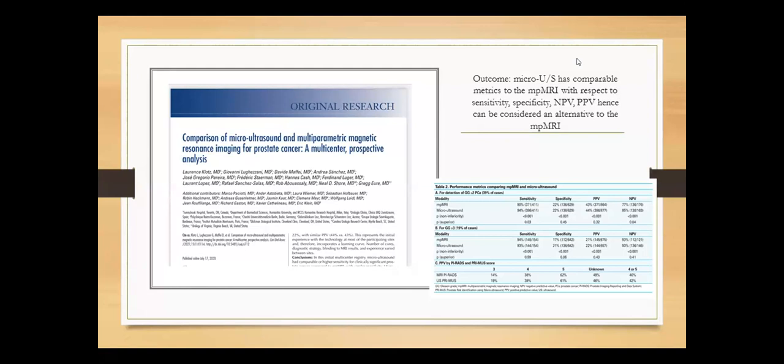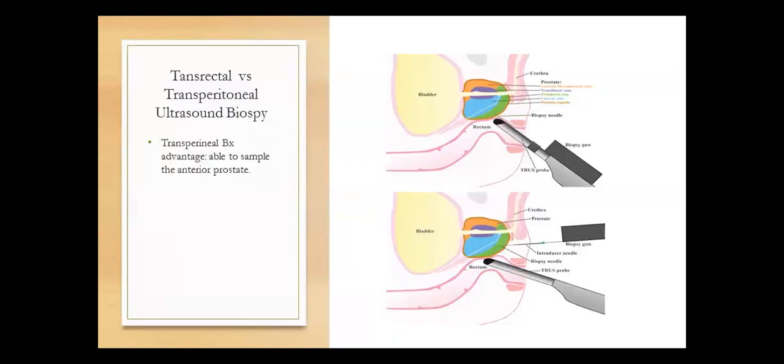It suggested that with respect to factors such as sensitivity, specificity, negative predictive value, positive predictive value, it can be considered an alternative to the multiparametric MRI. So if you don't have a multiparametric MRI, it's a good alternative to think about. Even budget-wise, it's somewhat cheaper than an MRI to have.